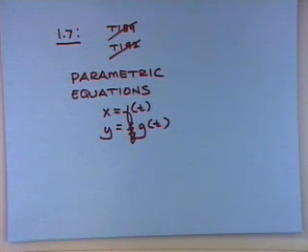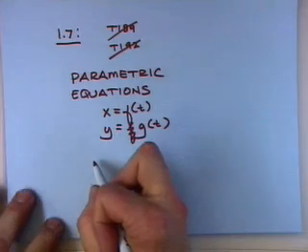So the t here is called the parameter, and the combined equations here are the two parametric equations. So the parameter is t.